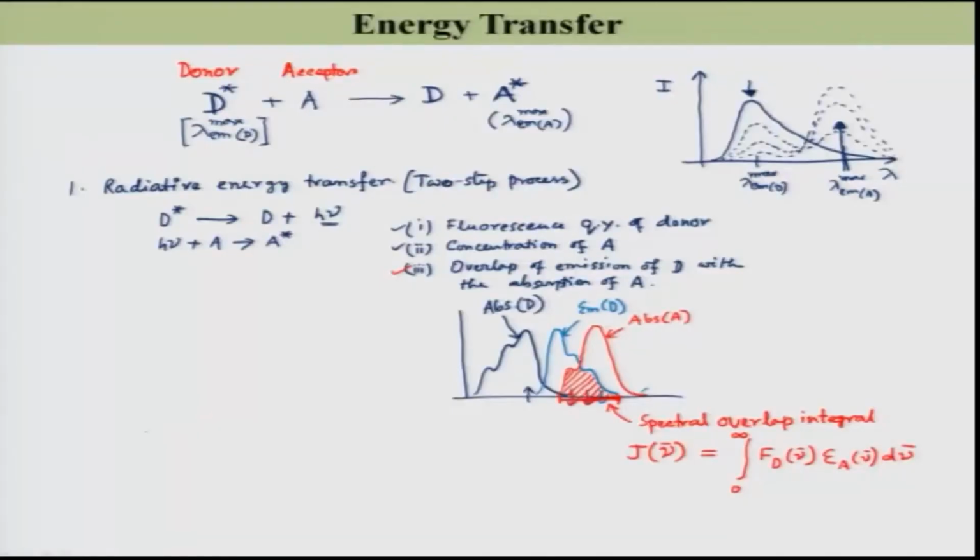Considering all these things, if you now try to find the fraction of emitted photon by D star, and consequently absorbed by A, that can be evaluated, and it is generally expressed as a small a.